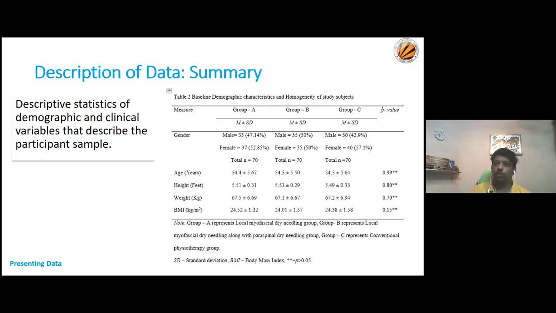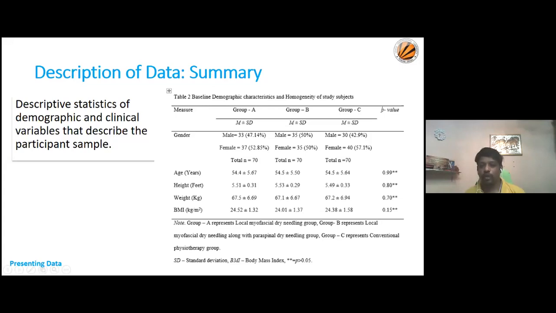described. You can use the mean and standard deviations. And since it has got two different groups, you have the independent t-test to get the p-value.